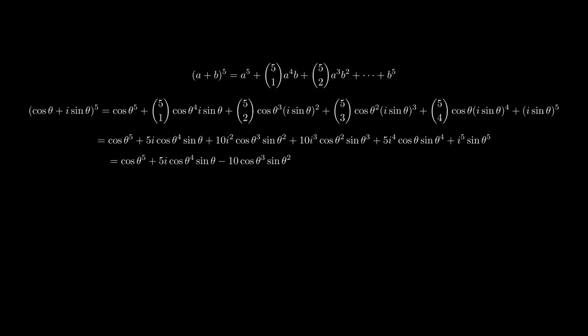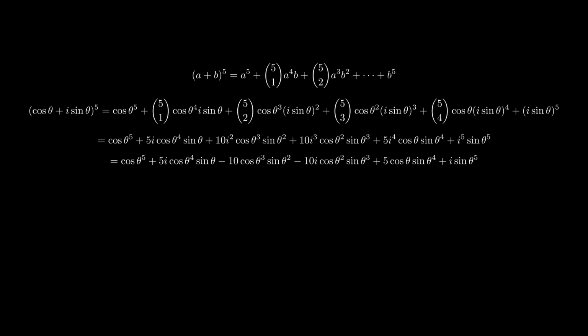The next term is 10i cubed, which is the same as 10i squared times i, so i squared becomes -1, and we end up with -10i. i to the power of 4 is i squared times i squared, so that's -1 times -1, which becomes +1. And finally, i to the power of 5 is the same as i to the power of 4 times i, and i to the power of 4 is just +1, so we end up with just i.